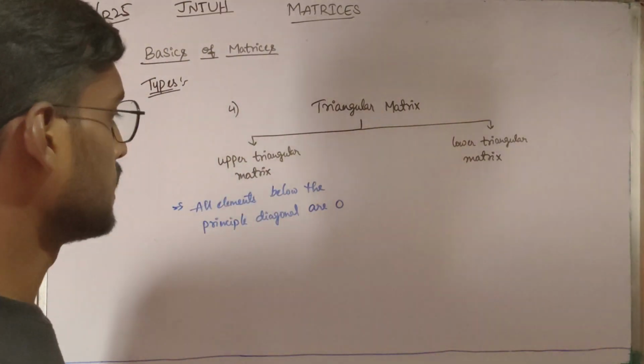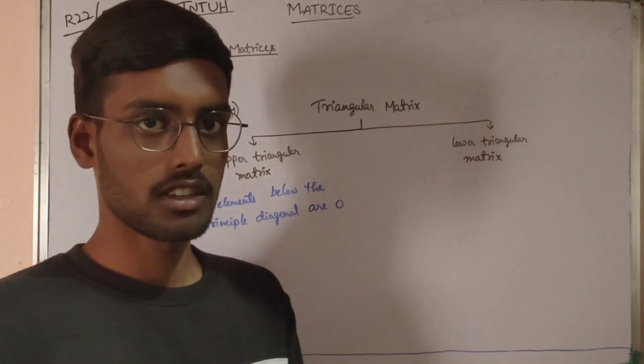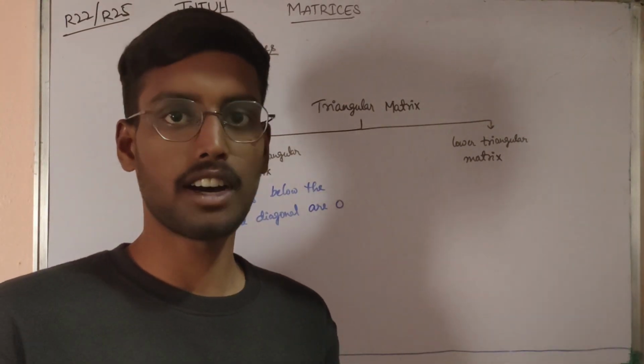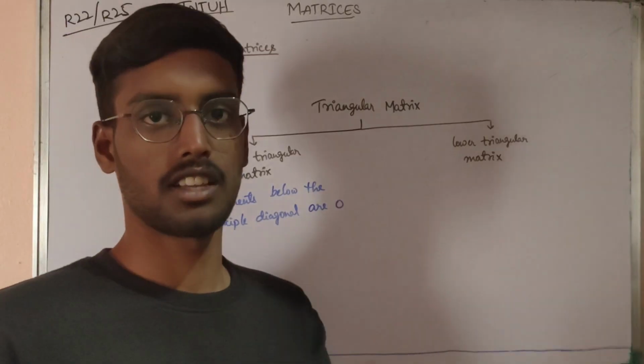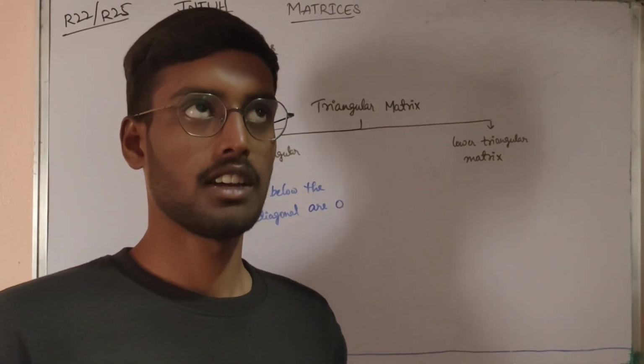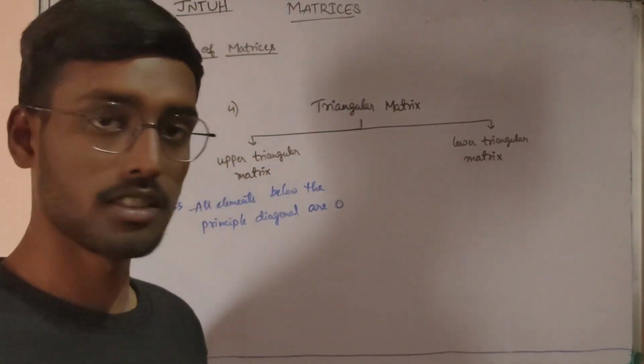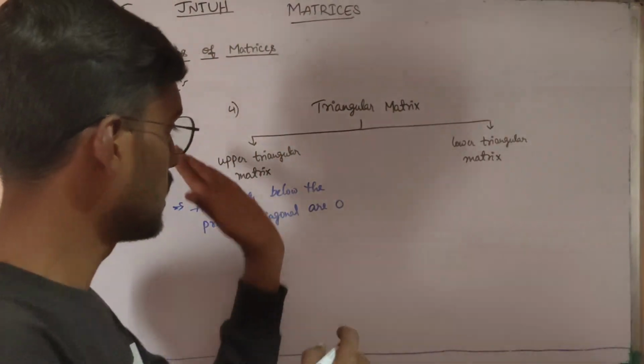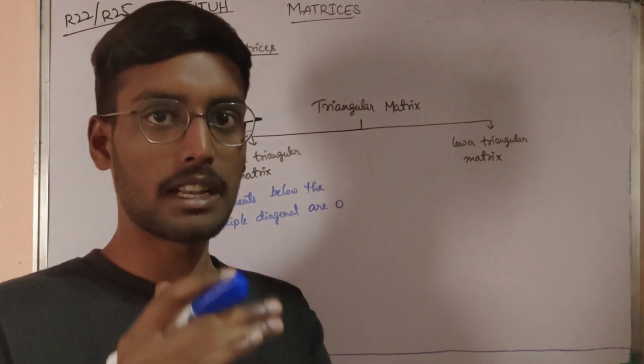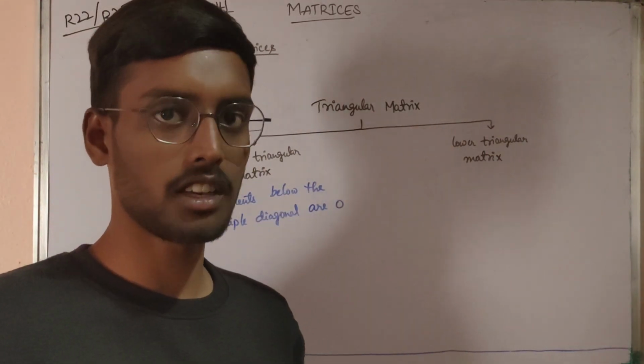We know in a unit matrix the principal diagonal elements are 1, but in a triangular matrix it is not compulsory to be 1. It can be 1 or not 1, it can even be 0, no problem. But every element below the principal diagonal should be 0.